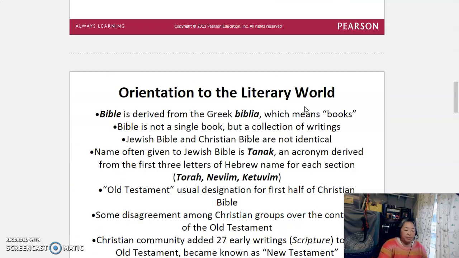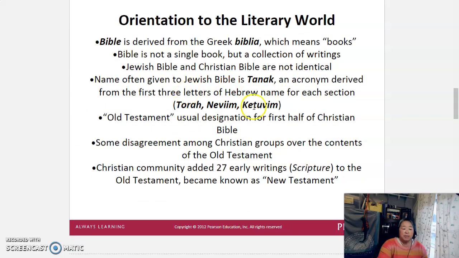All right. So it talks about where the word Bible comes from, and the fact that the Old Testament is also called by Jews the Tanakh, because it's from the 3 sections of the Hebrew Bible: the Torah, the Nevi'im, and the Ketuvim. These are 3 Hebrew words meaning law, prophets, and writings.